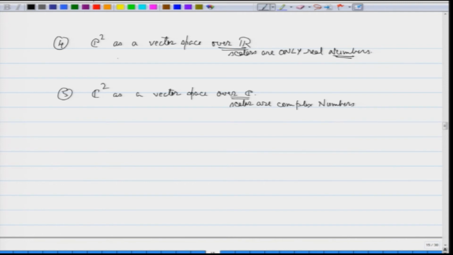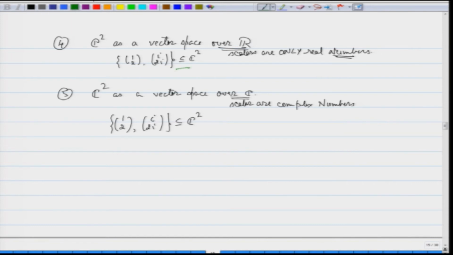So, I would like to look at the vectors 1, 2 and i, 2i. These two are a subset of C2. Here also I have the same thing, 1, 2 and i, 2i. Fine. C2 is a vector space. Here it is over real numbers, here it is over complex numbers.